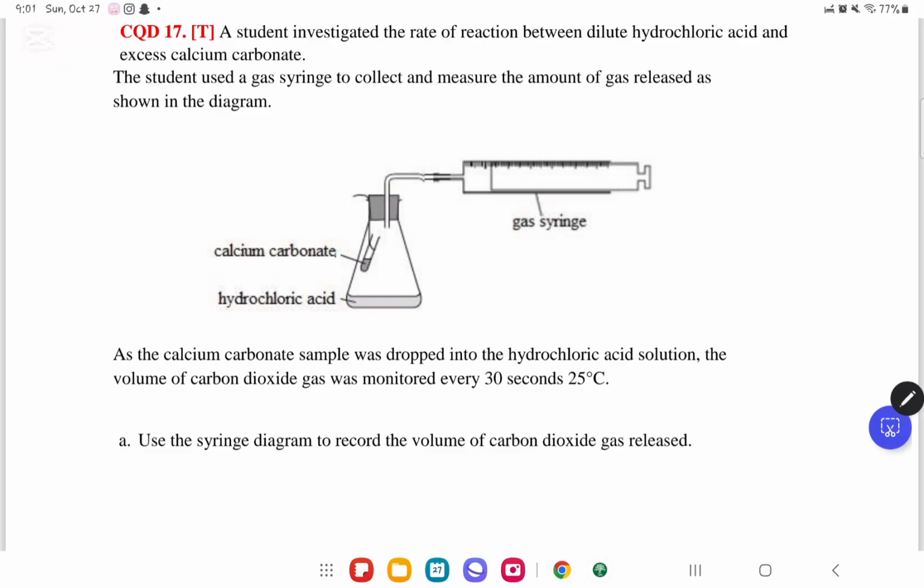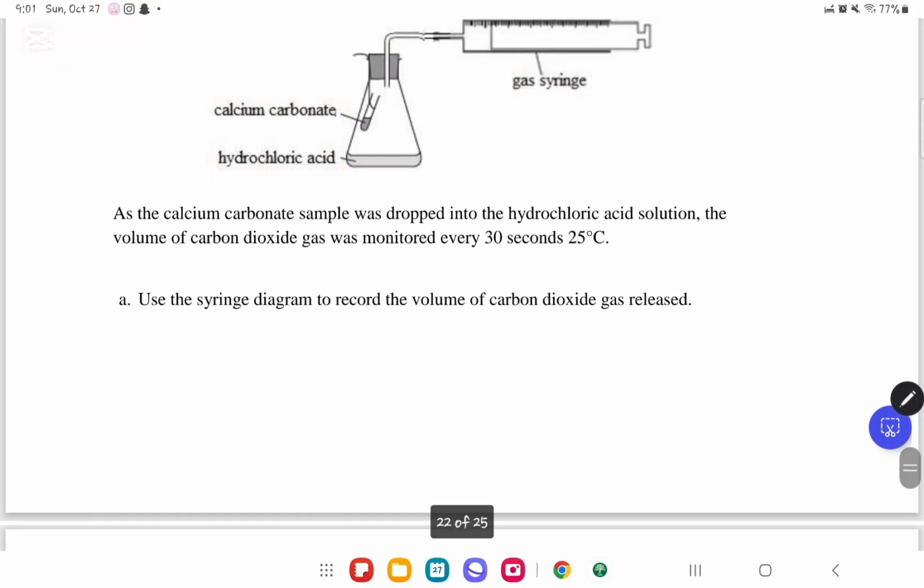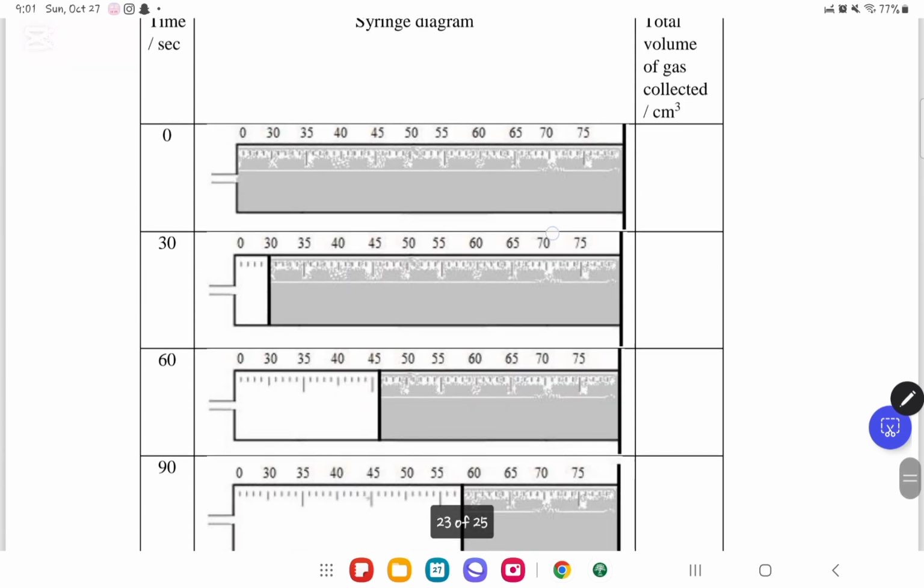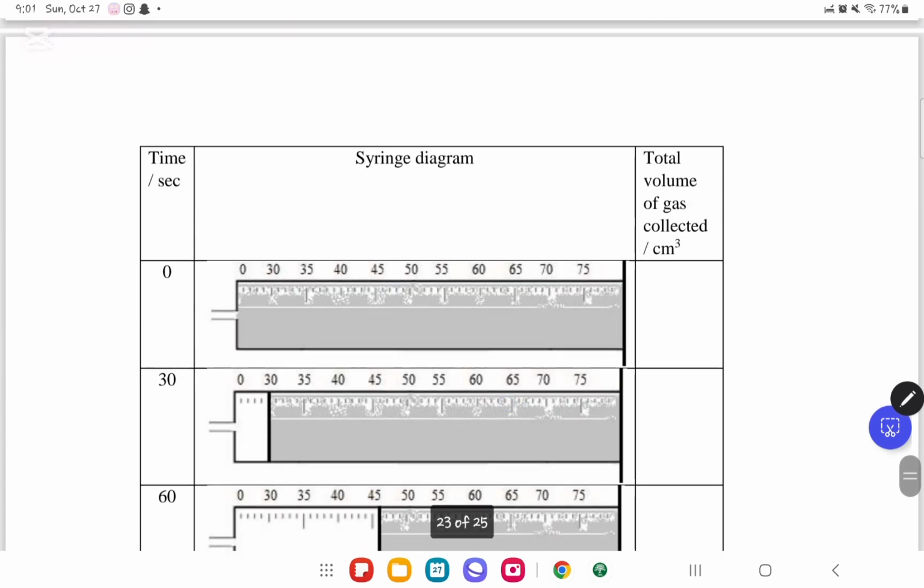A student investigated the rate of reaction between dilute hydrochloric acid and excess calcium carbonate. The student used a gas syringe to collect and measure the amount of gas released as shown in the diagram. In part A, they told us to use the syringe diagram to record the volume of carbon dioxide gas released. So let's answer these. Here the total gas collected in the syringe is 0, since there's nothing collected.